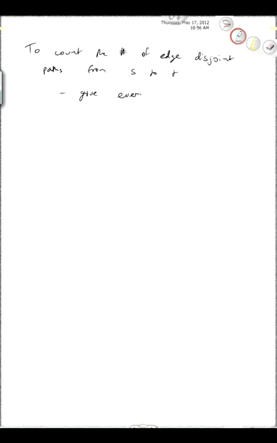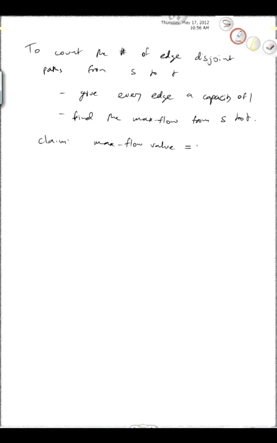Give every edge a capacity of 1, and we're going to find the max flow from S to T. And the claim is that the max flow value is actually equal to the number of edge disjoint paths.